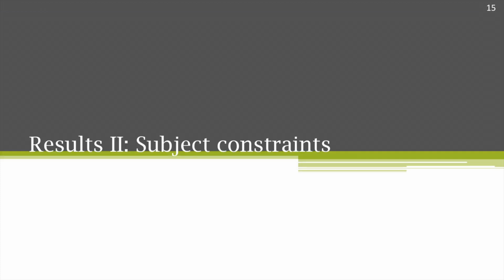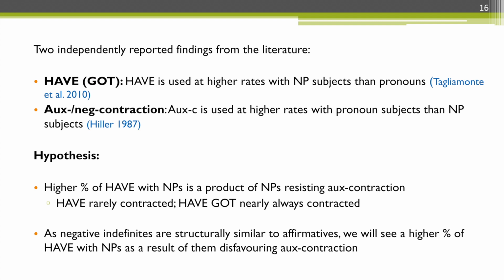The second part instead looks at some of the grammatical constraints on this, in particular the effect of the subject. In the literature there are two independent claims that I came across, from the stative literature and the contraction literature. First, in the stative literature, it's been found that have is used at higher rates with NP subjects than with pronouns.